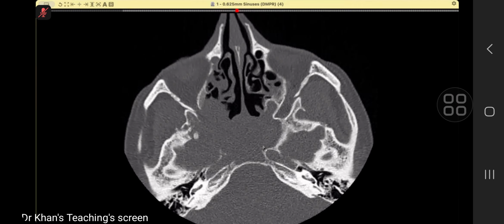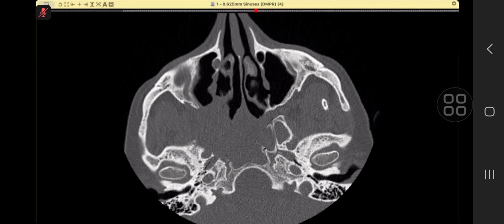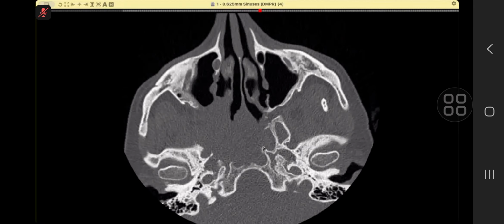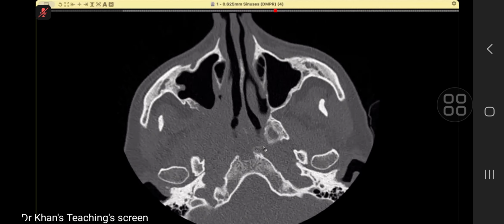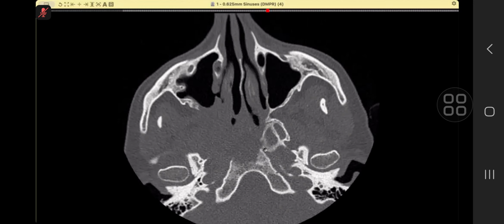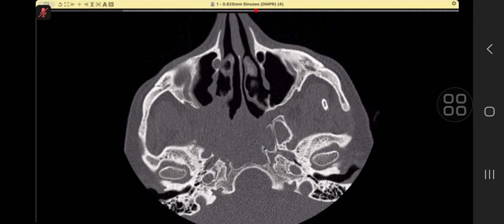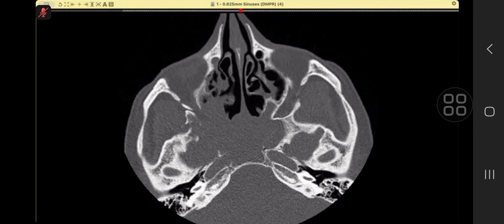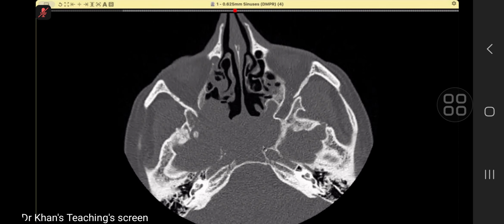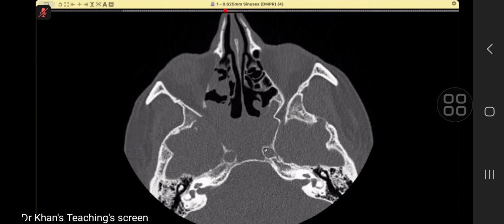Sir, definitely it's an aggressive lesion involving the base of the skull and extending into the pterygopalatine fossa as well as into the sphenoid sinuses and the posterior part of the posterior nares. However, no definite extension into the intracranial region is seen.